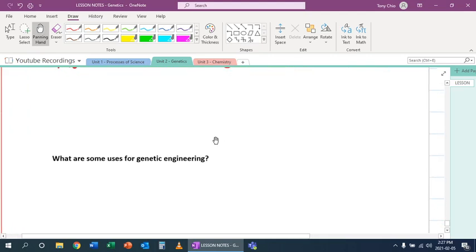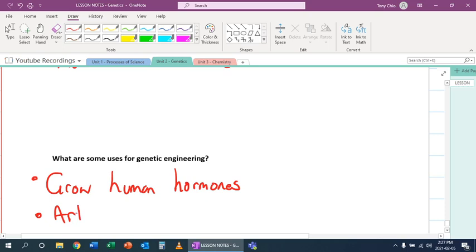So what are some uses for genetic engineering? What do we use genetic engineering for? Well, the big one, a lot of people don't know, is that we actually grow human hormones from it. We can actually grow human hormones from genetic engineering. We have artificial sweeteners.